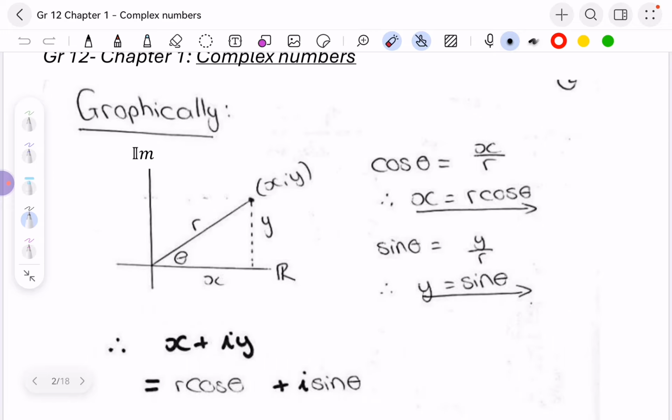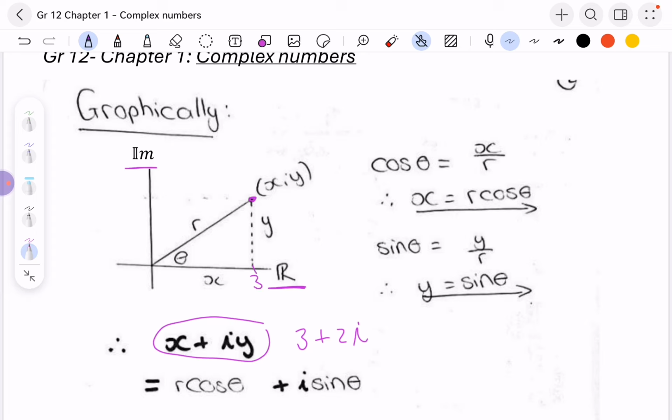If we go to plot this graphically, we know from grade 10 that I can use my x-axis for my real numbers, my y-axis for my imaginary numbers, and I can go plot this value. So as ek die getal 3 plus 2i gehad het, dan kan ek hom visueel gaan op my asstelsel teken, 3 op my reële as en 2 op my imaginêre as, so I can go and plot this complex number as a coordinate.